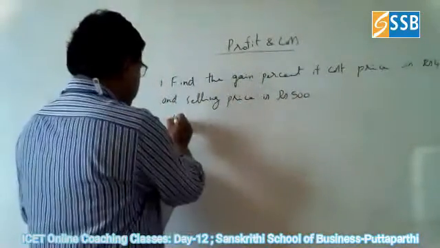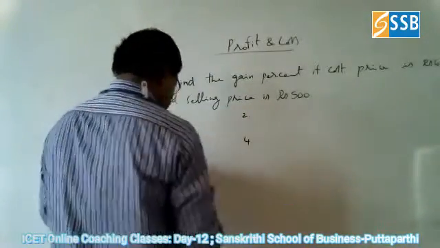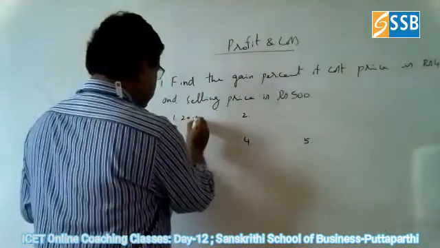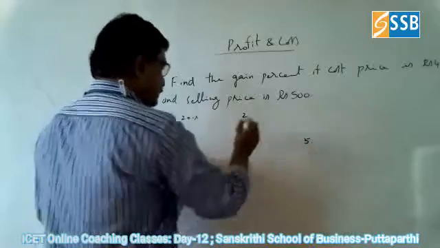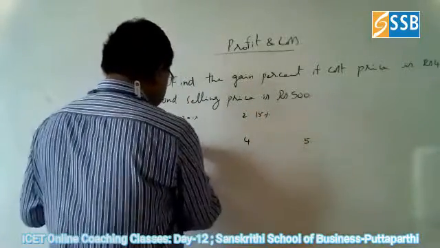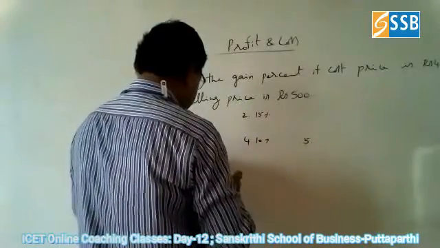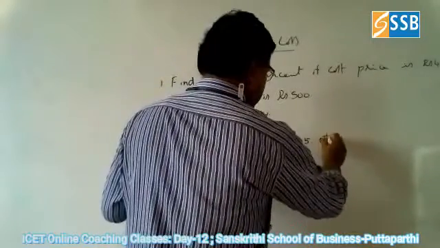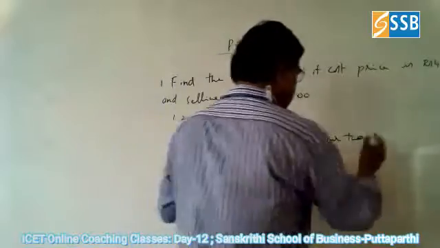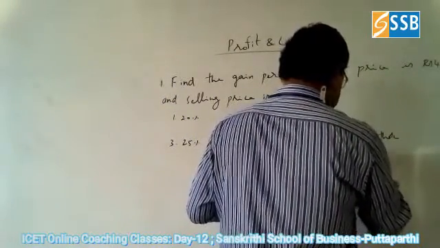So in that, option 1, option 2, option 3, option 4 and 5. See, 20% is first option and 15% is second option. Third option 25%, fourth option 10%, and other than those given options.